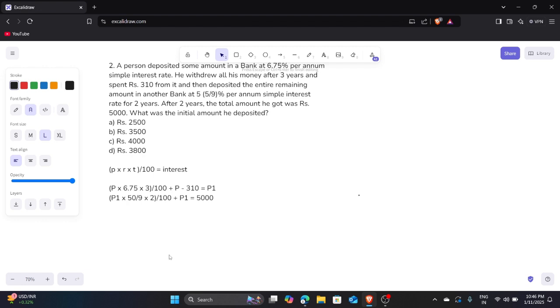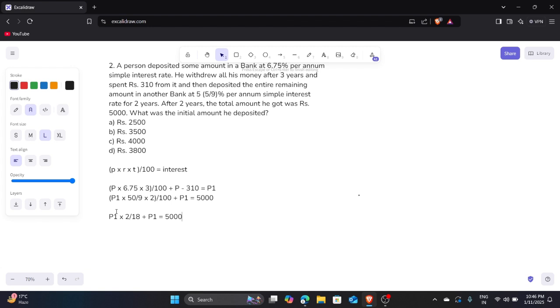So from here, 9 is above, so this could be 2. P1 multiplied by 50 by 9, divided by 100, so 2 remains and 9 also, so it is 18, and the whole thing is in division, and P1 is already there.